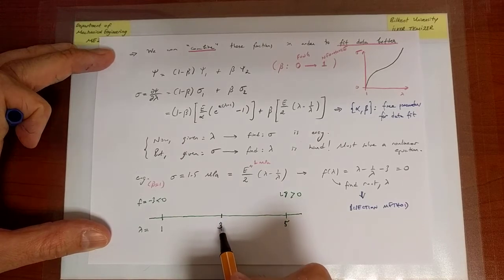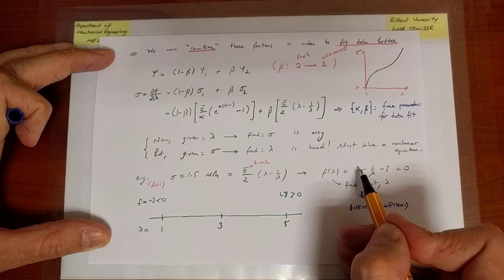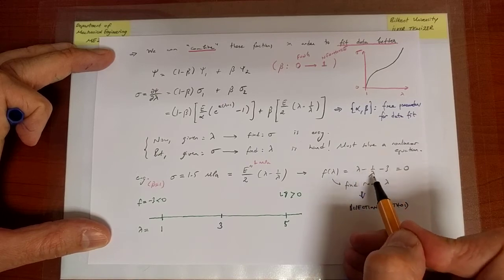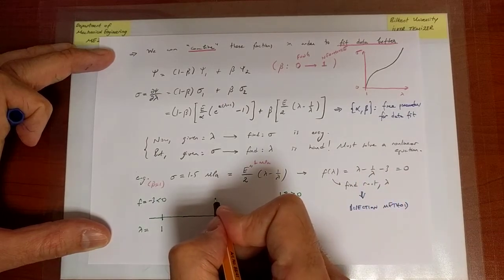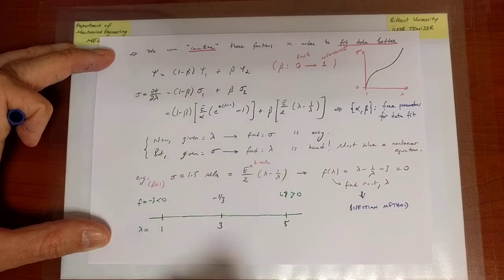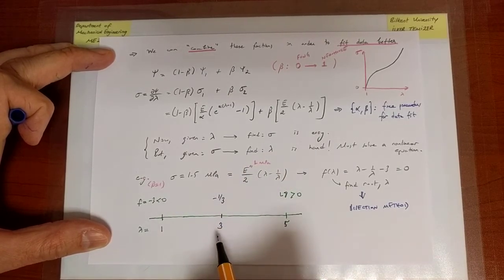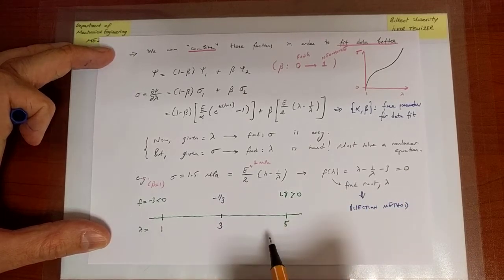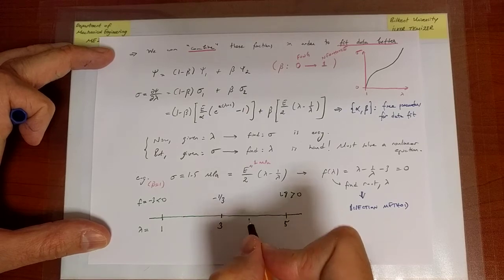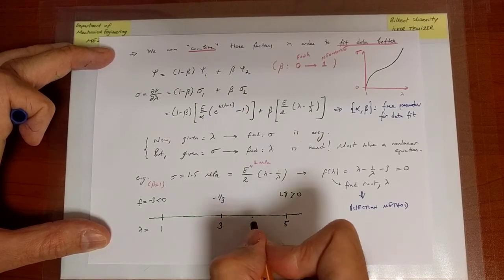And then it looks at the value of f at that new value of lambda. If I plug in 3 here, 3 minus 3 is 0, minus 1 over 3 is the new value of f. And the value of f is negative, here it's positive, and therefore, since I'm seeking the root 0, the new range is that range. So I'm going to go ahead and divide once again by 2.